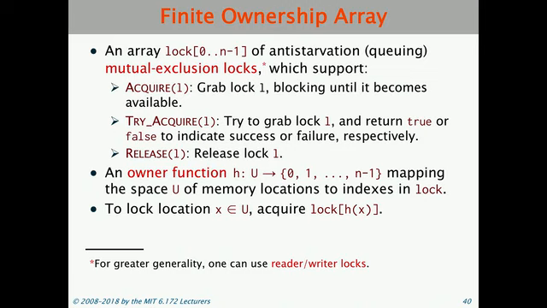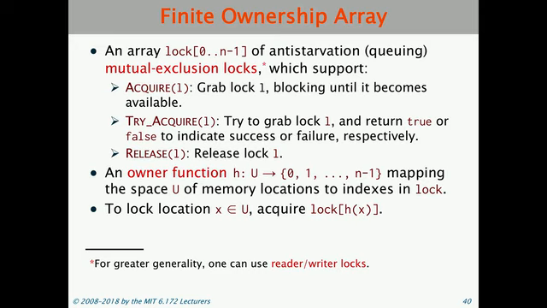To lock a location x in the set of all possible memory locations, you actually acquire the lock of h of x. So you can think of h as a hash function, but it doesn't have to be a fair hash function or whatever. Any function will do. And yes, there'll be some advantages to picking some functions over another one. So rather than actually locking the location or the object, I lock a location that I hash to from that object.